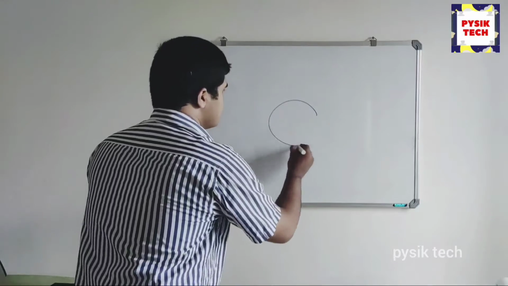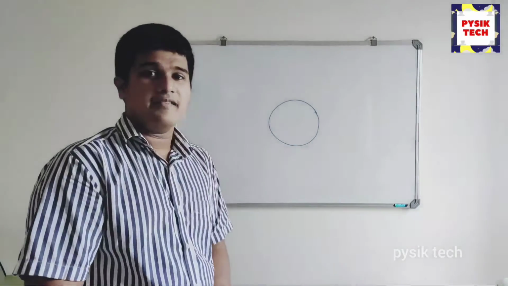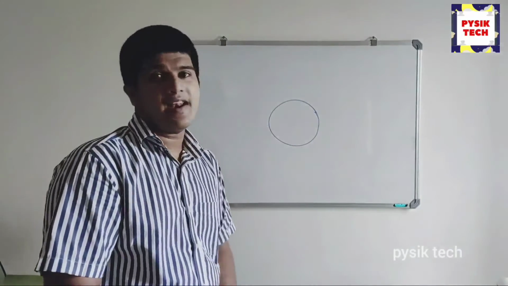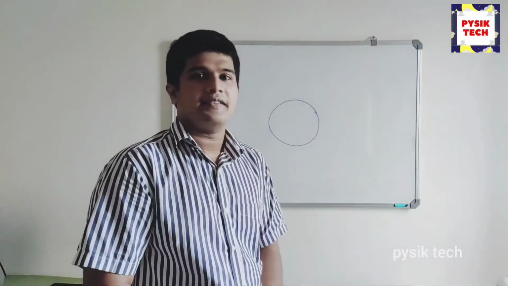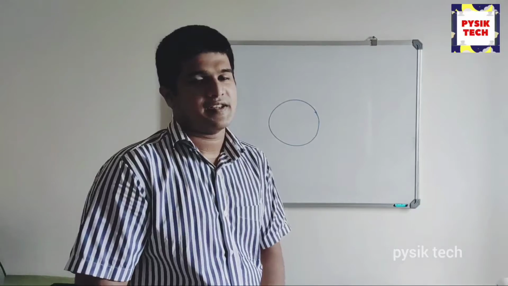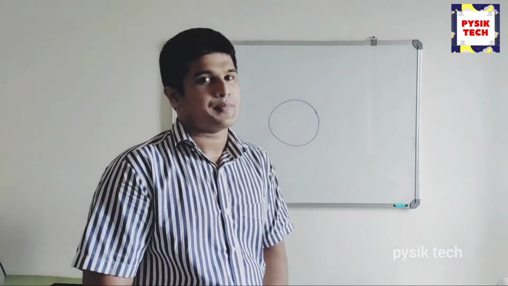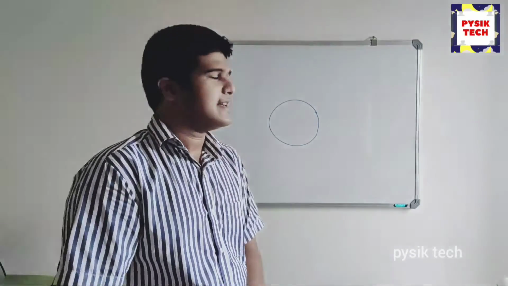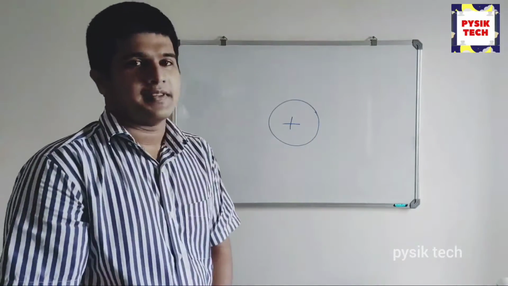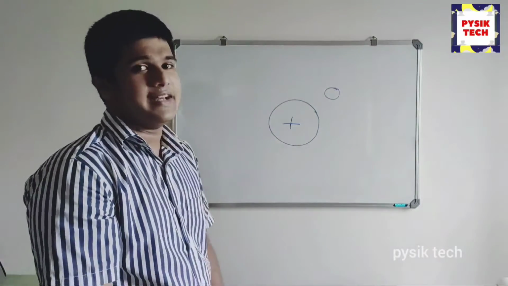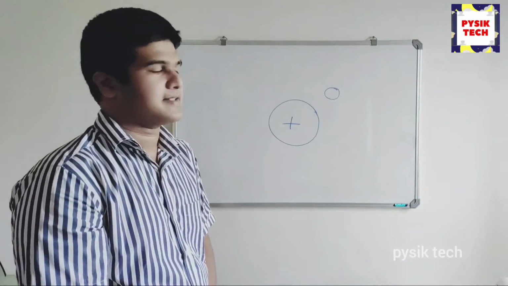This is my nucleus. It has neutrons and protons. Neutrons have no charge, but protons have positive charge. The electrons will be nearby the nucleus.